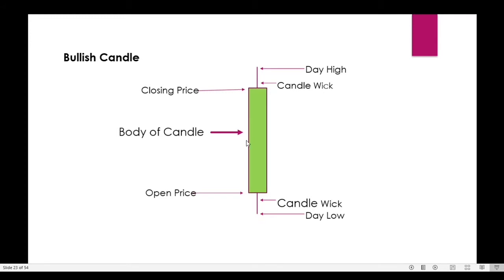So when you take a look at a green candle, the open price is at the base of the candle, and as the price increases throughout the day, you will have a closing price at the top of the body of the candle. Throughout the day, you may have some highs or some lows, and that's what these candle wicks represent. So the bottom wick represents the low of the day, and the top wick represents the high of the day.